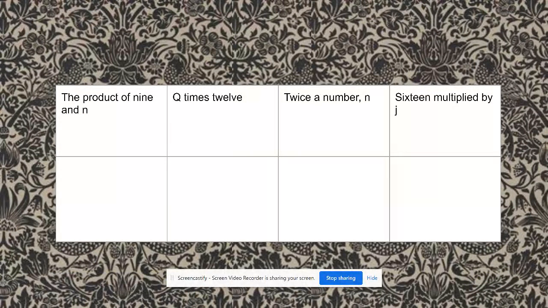What is product a keyword for? Multiplication. So how would you write that? 9n. Okay? How do I write q times 12? 12q.